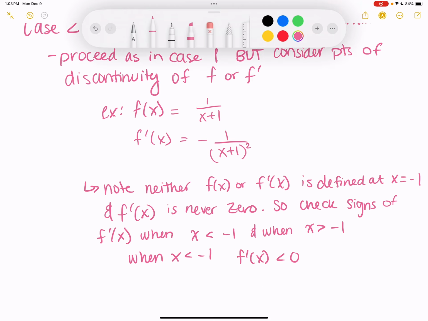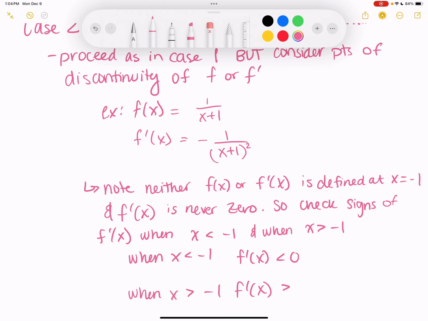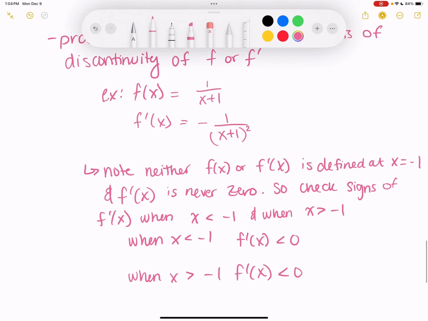When x is greater than negative 1, f prime of x is less than 0. So, f decreases on both intervals.